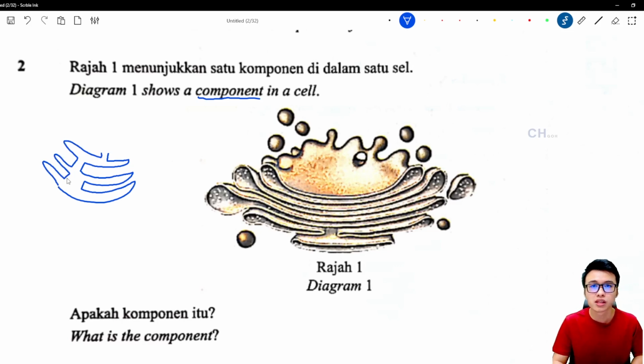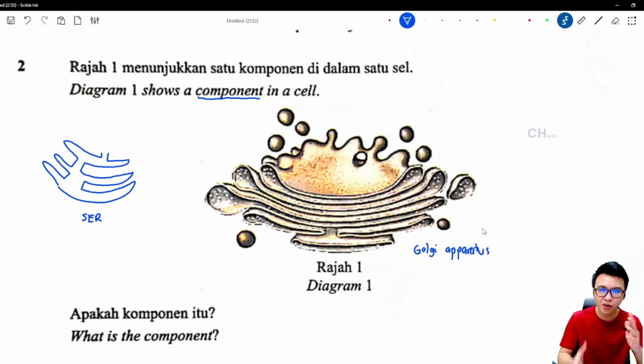Alright, the thing that I have drawn on the left side is the smooth endoplasmic reticulum. On the right side is the Golgi apparatus.